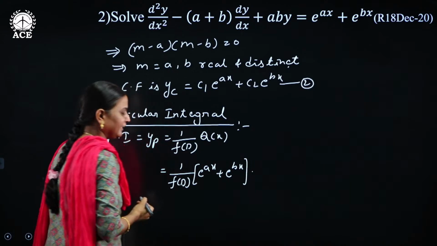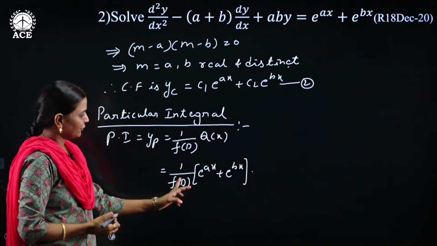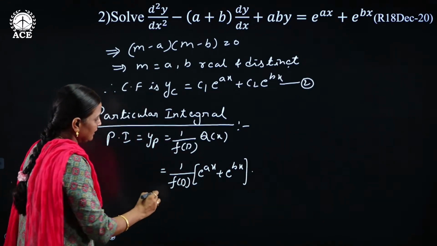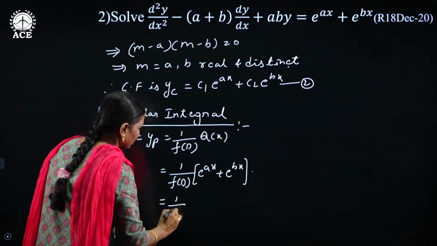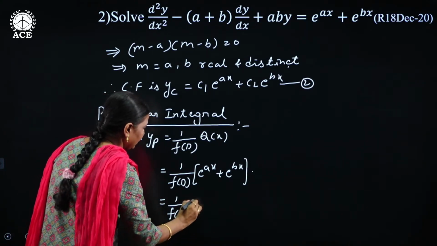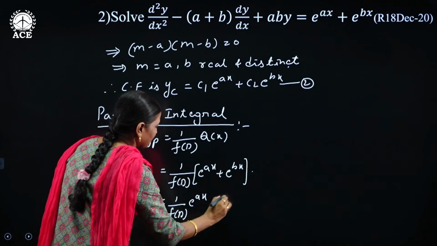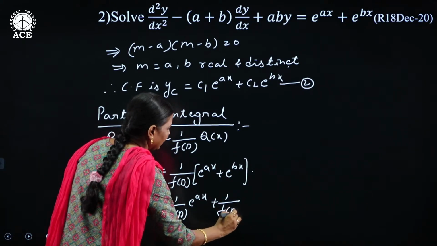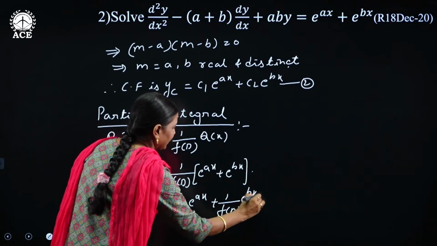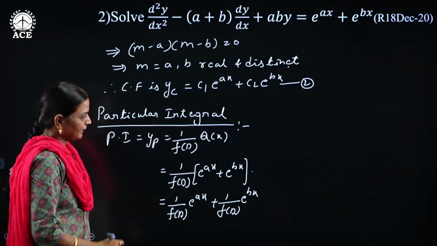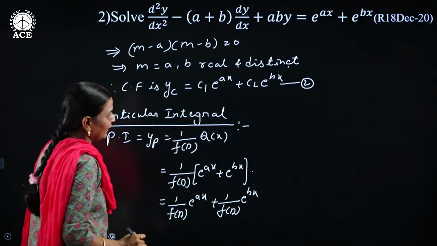When q of x contains multiple terms, better to split this particular integral. So how to write? It is equal to 1 by f of d into e power ax plus 1 by f of d into e power bx. And see here, consider one by one term.